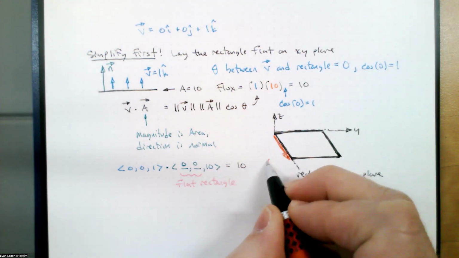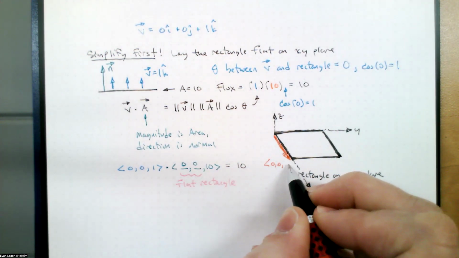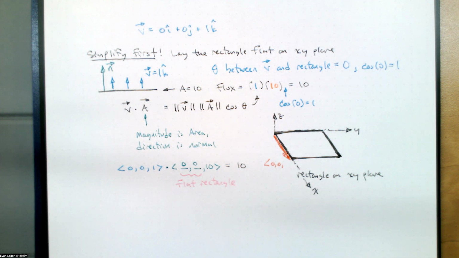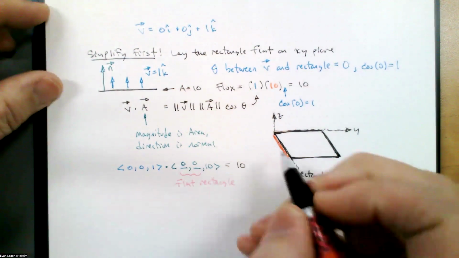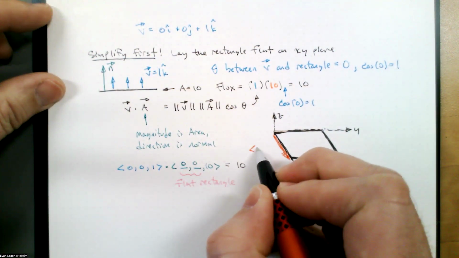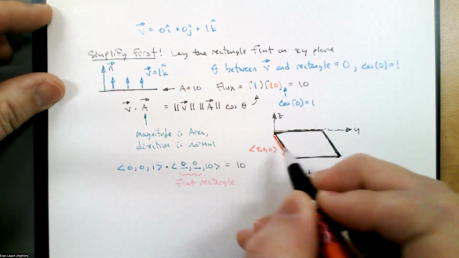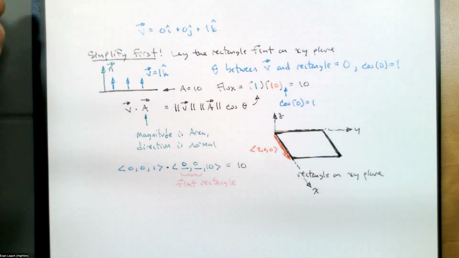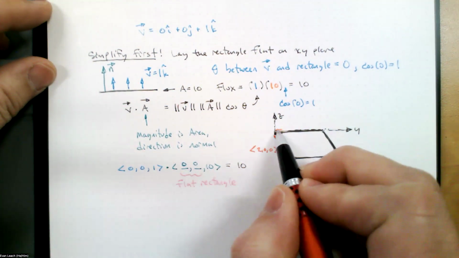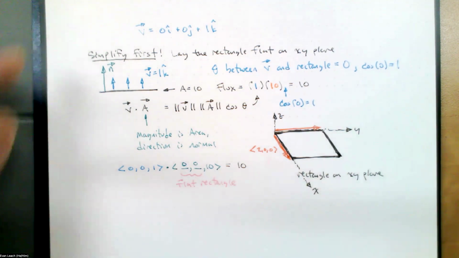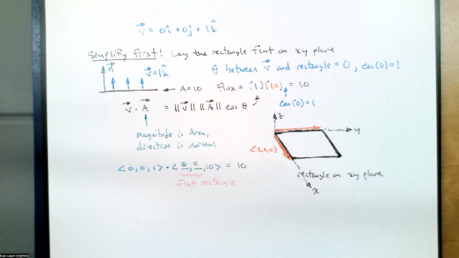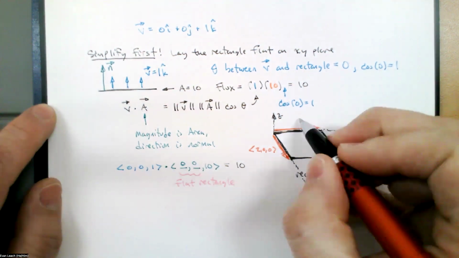This vector 2, 0, 0, and this vector along the y-axis, now this one has to go all the way down. And remember this length is 5. So this would be 0, 5, 0.